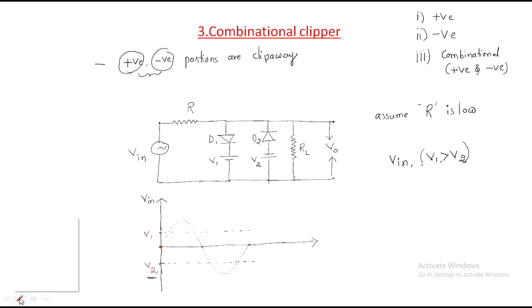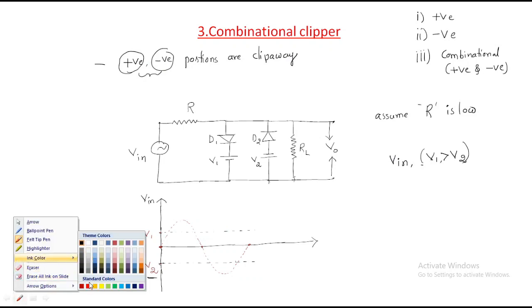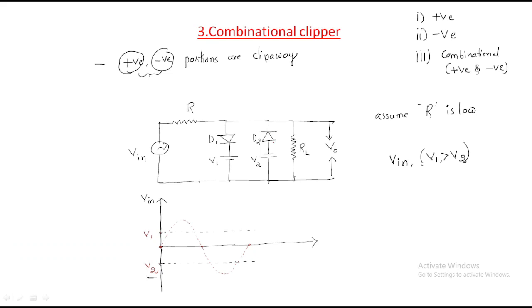Generally this is negative, and it is more negative than V2, so D2 is short circuited. Here D1 is reverse biased, so D1 will be open circuited and D2 will be short circuited.